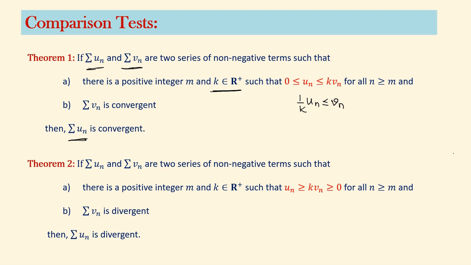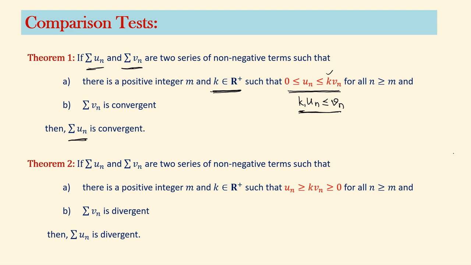Since k is a positive real number, 1 by k is also a positive real number, say some new real number k1. So we can rewrite this condition like this also. We should not bother whether k is attached to vn or it is attached to un. We can use this theorem.